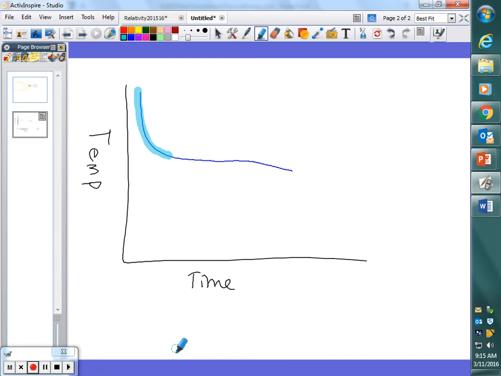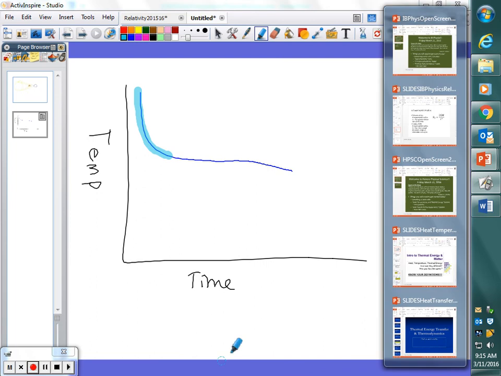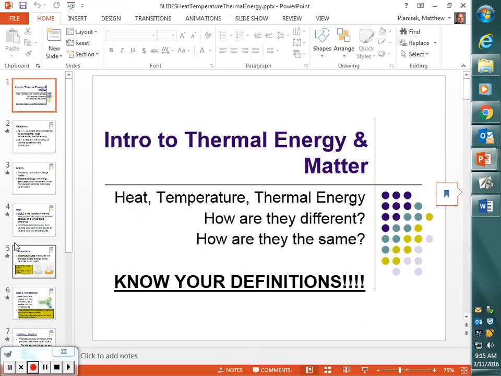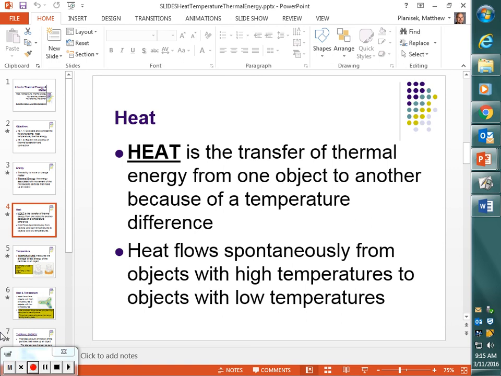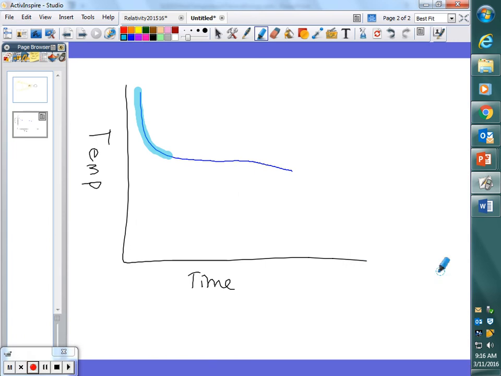Lauric acid? Well, yeah. Okay, so in this case, we had heat being transferred. And we describe heat from our definition as the transfer of thermal energy from one object to another because of a temperature difference. So, where is the energy transferring from in our lab that we did on Tuesday?